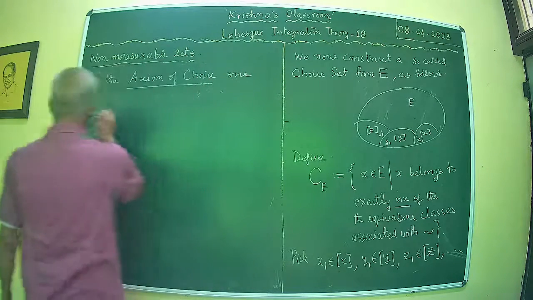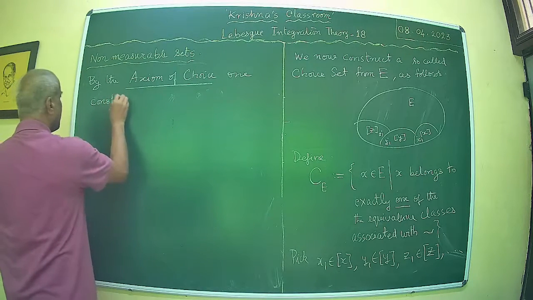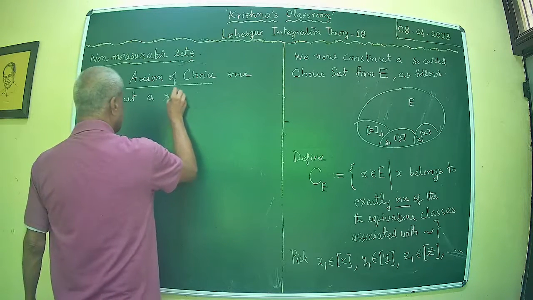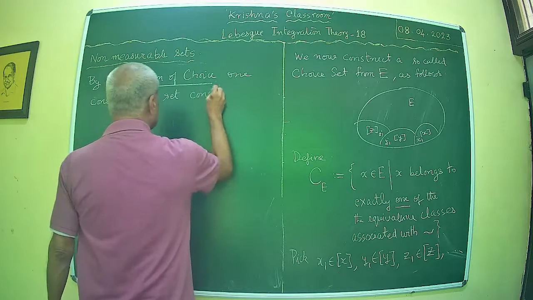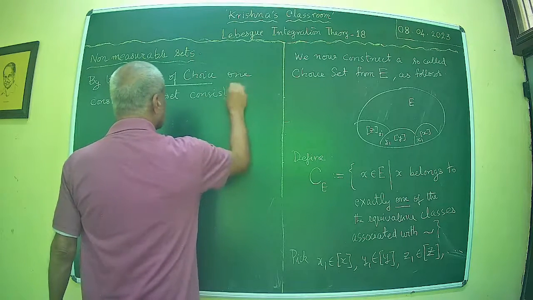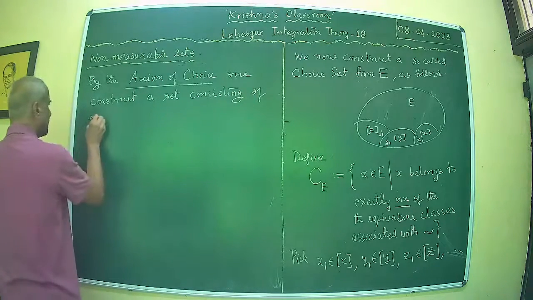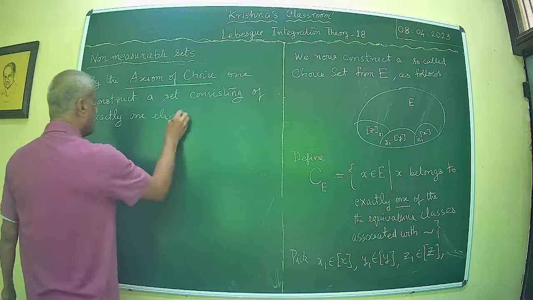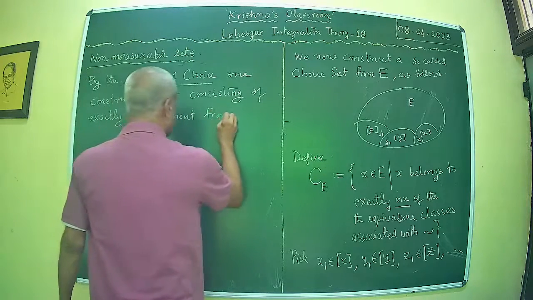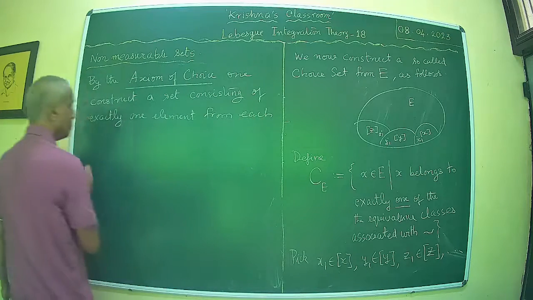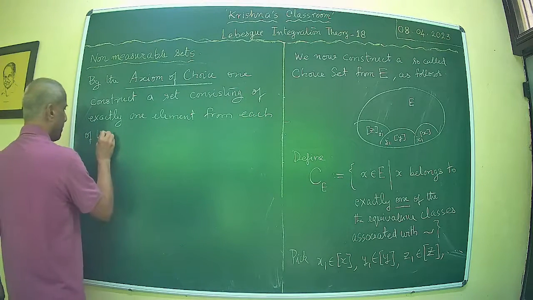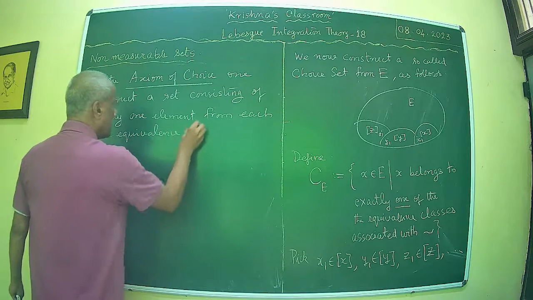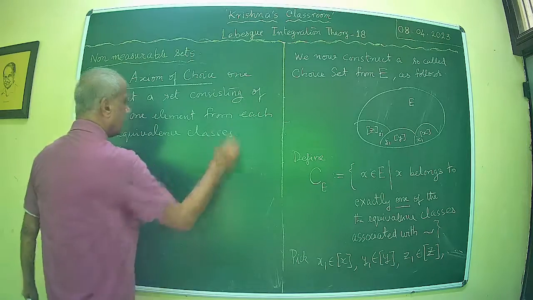One can construct a new set, a set consisting of exactly one element from each of the classes.